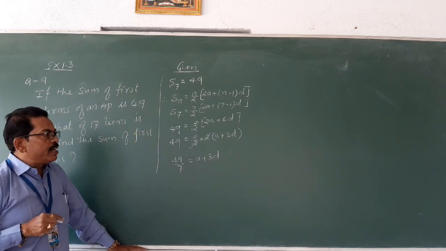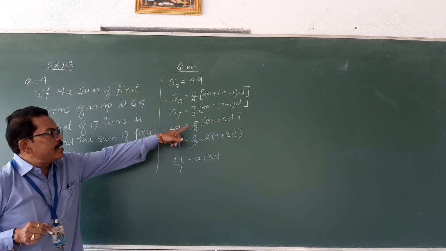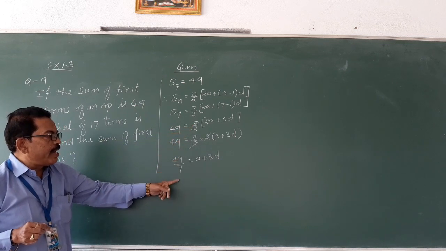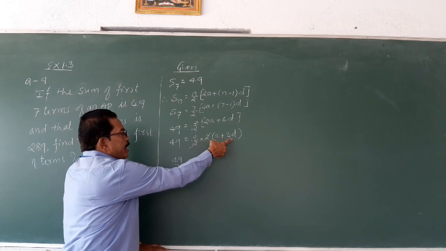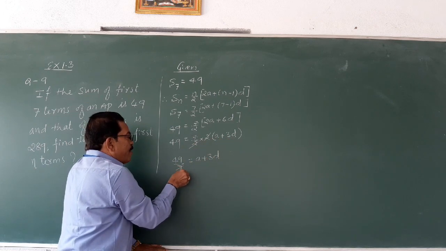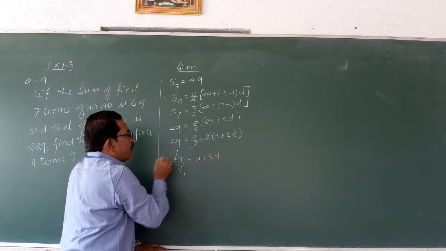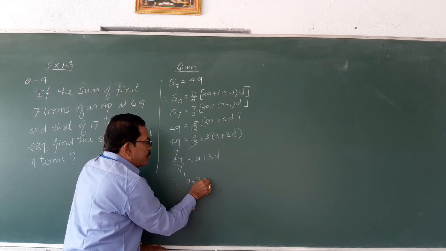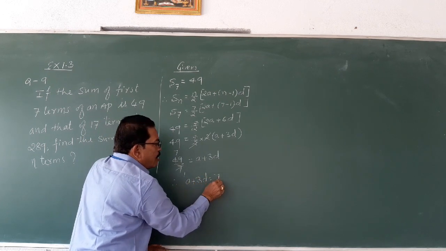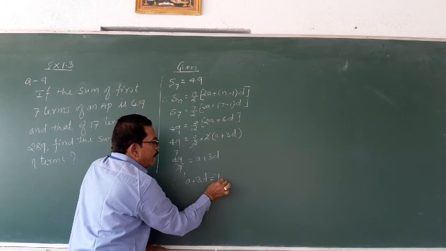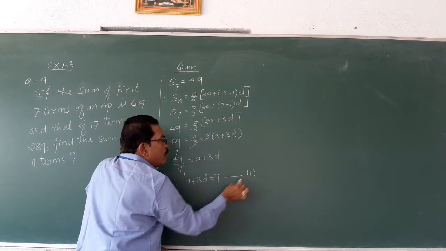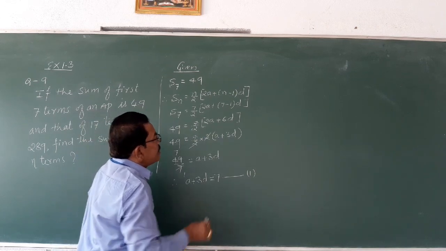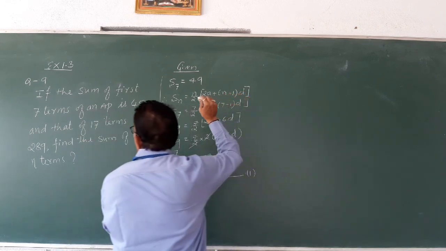See the simplification attentively. 7 is being transferred to the left side, that is 49 by 7. What remains is a plus 3d. 7 sevens are 49. Now we have a plus 3d equals 7. Equation 1.